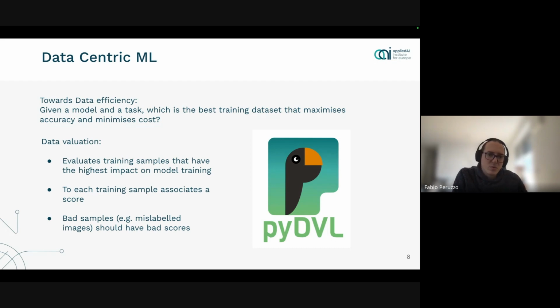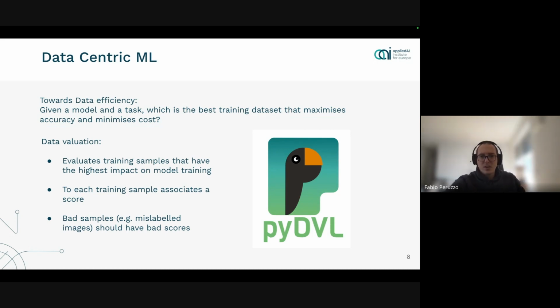So we want to associate a score to each training sample that tells you how important it is, or let's say it should tell you if a training sample is good or bad for your model. For example, bad samples, such as mislabeled images, should have bad scores. This is very roughly what we mean by data evaluation.